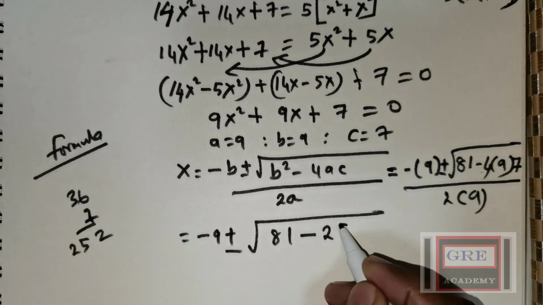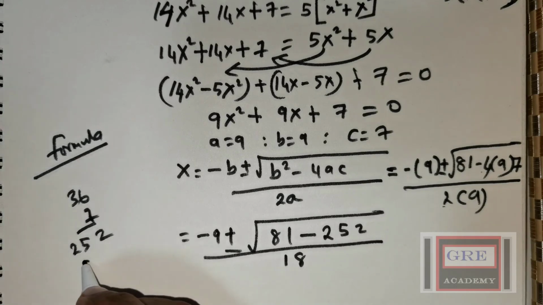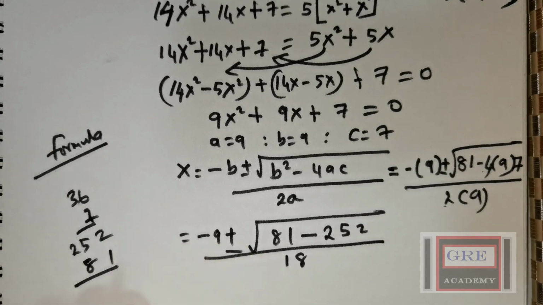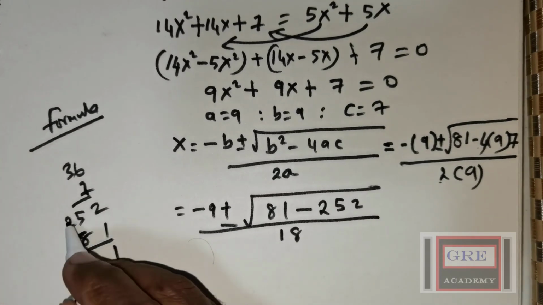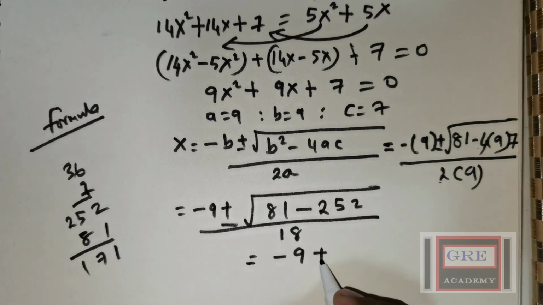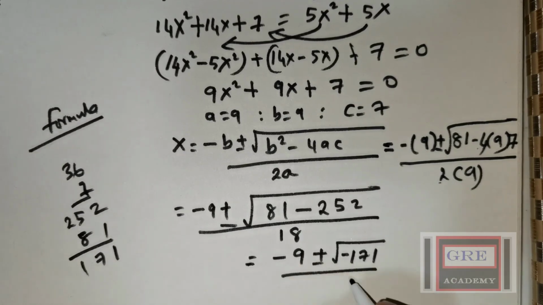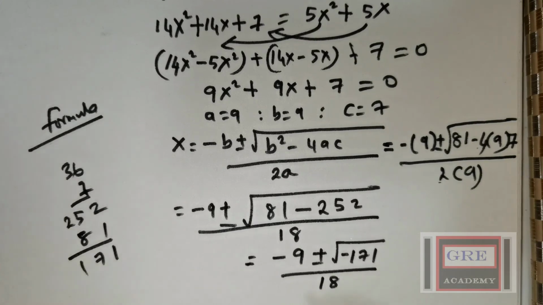So I get 252 divided by 2 times 9, which is 18. Now you subtract 81 from this. So that's going to be 171. So this is giving me negative 9 plus or minus root of negative 171 divided by 18.